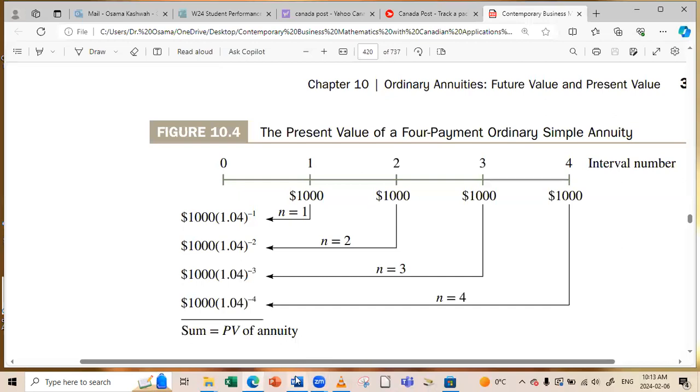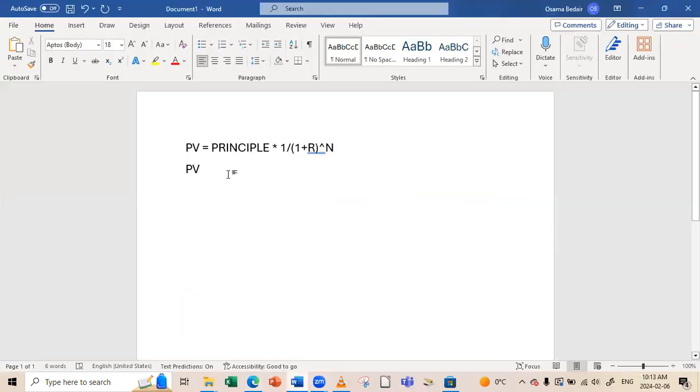So I will say again, PV will equal the principal, 1,000, multiplied by 1 divided by 1 plus the rate of interest, 0.04, and that is to the power of this relationship. The power is 1 year.